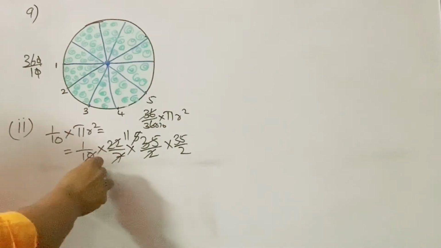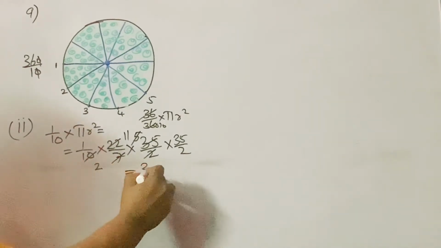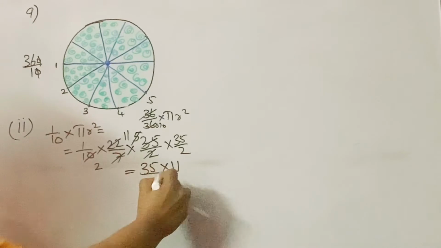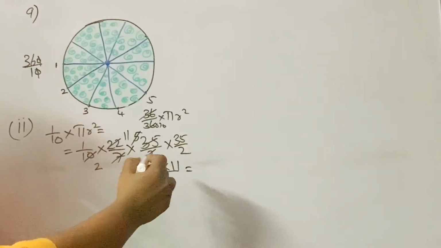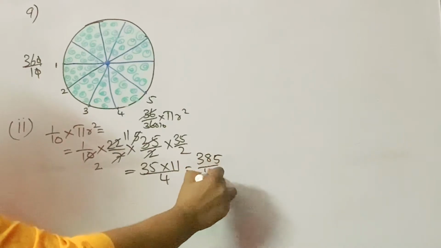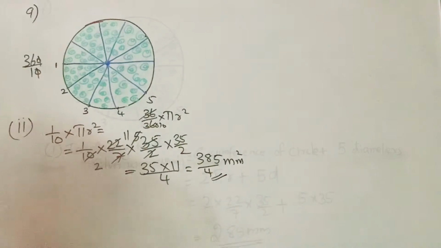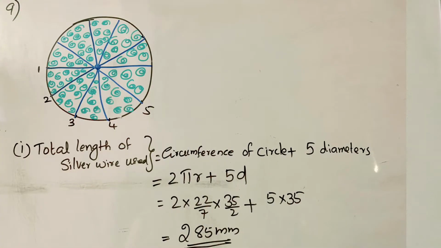That is equal to 35 into 11 divided by 4, that is equal to 385 by 4 millimeter square. That is the area of each sector formed.